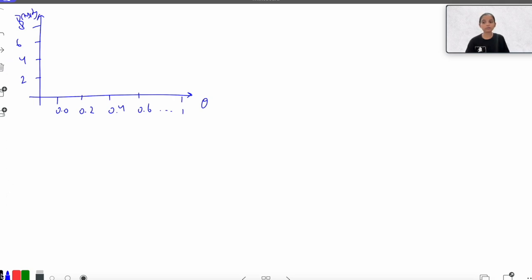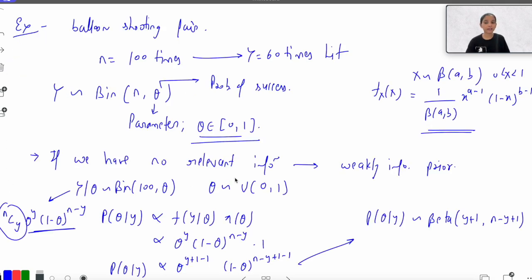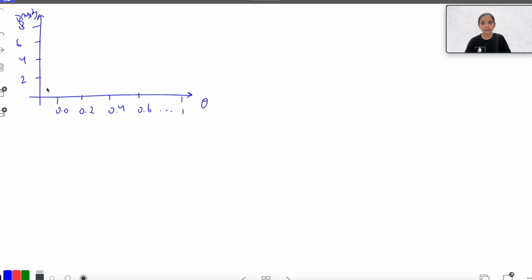Now if I talk about the uniform distribution, the prior is f of theta equal to 1. This is my prior. If I draw it, it's just a straight line at 1, like this. This is my prior.